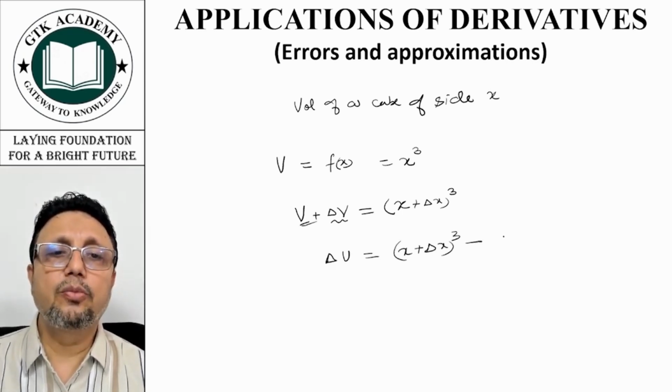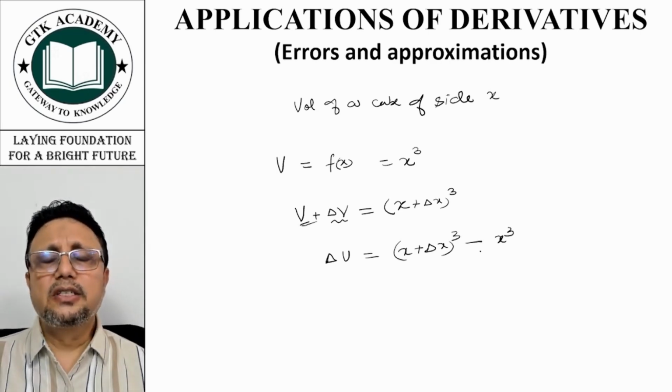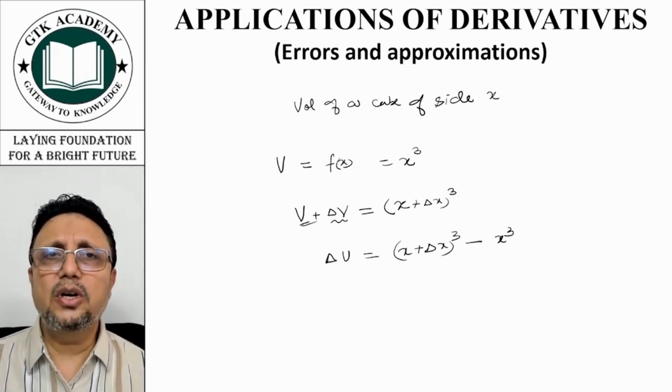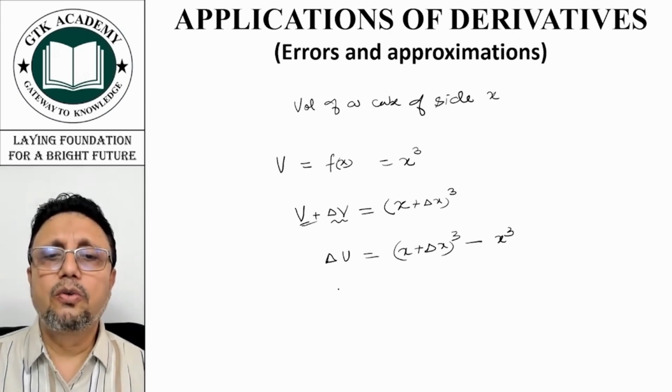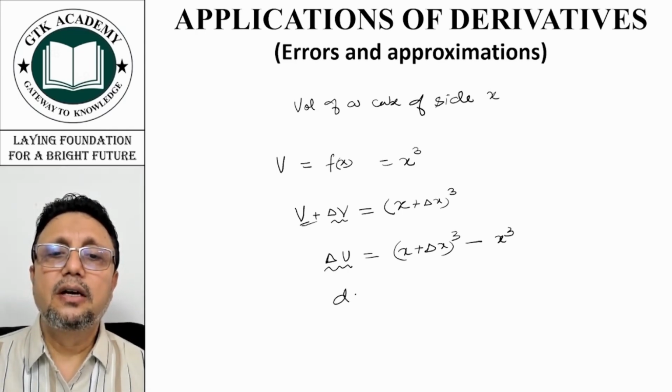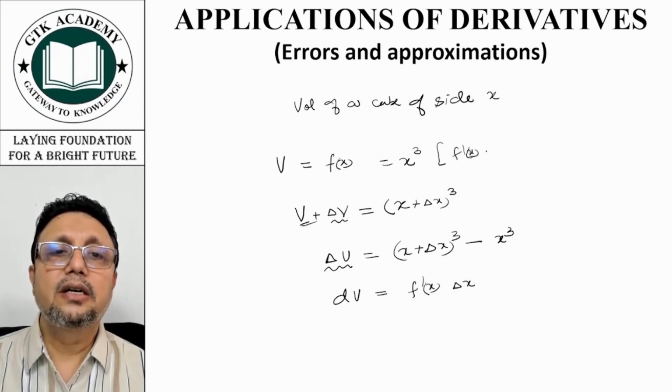V is x cubed. But instead of doing all these calculations, I just wanted to know the approximate increase in volume which I am getting. So I will find the approximate value of ΔV, which is dV, which is equal to f'(x)Δx. Now f'(x) I will get from here. f'(x) is equal to 3x².